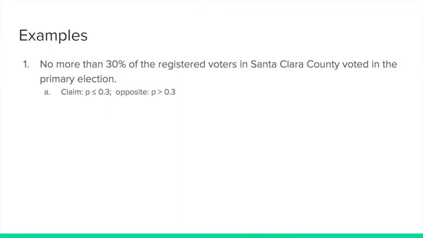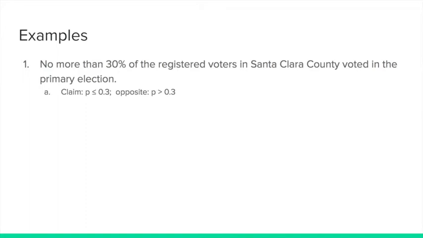And then I immediately write the opposite of that statement. Okay, so the opposite of less than or equal to is greater than. And you need to make sure that you remember that when we're talking about opposites or negations in math, we have to make sure that we're exactly including everything that is not in the original claim.